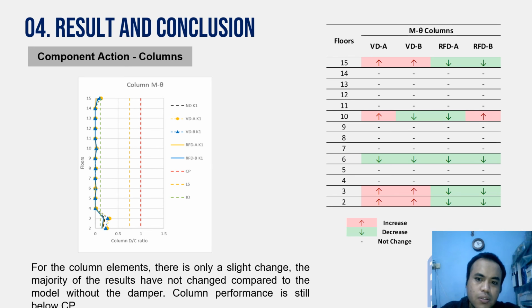We can look at the table from the model with viscoelastic damper at the lower floors getting increased compared to the rotational friction damper. But overall results show no change compared with the model without a damper.